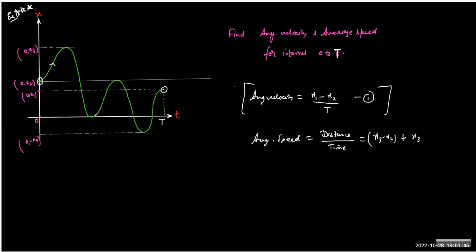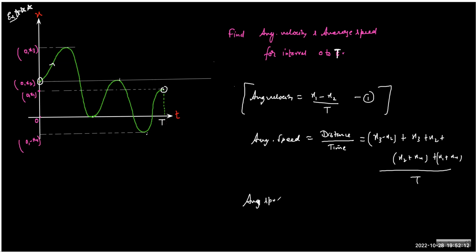Then you go from origin to x2, so you travel x2 again. Then you go from x2 to minus x4, so you travel x2 plus x4. And then you go from minus x4 to x1, so you travel x1 plus x4, all upon t. How many of you realize this part? This is the most challenging part. No one, I think.